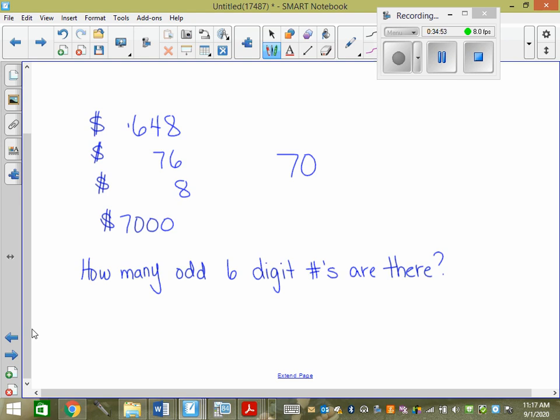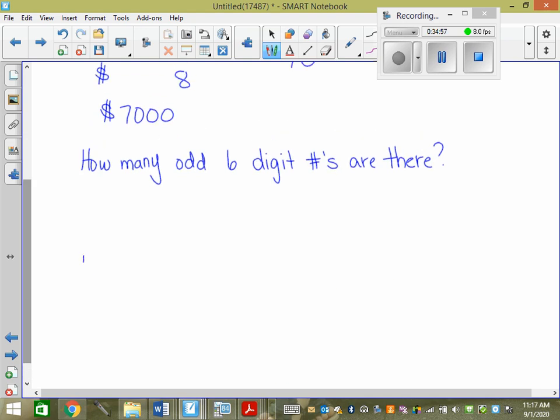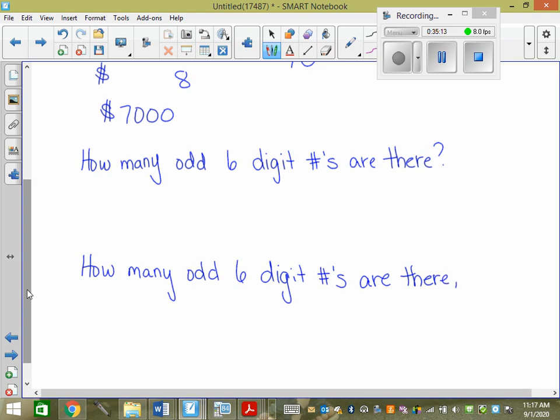Okay? So how many odd 6-digit numbers are there? And then your second one is how many odd 6-digit numbers are there without repetition? Try those two.